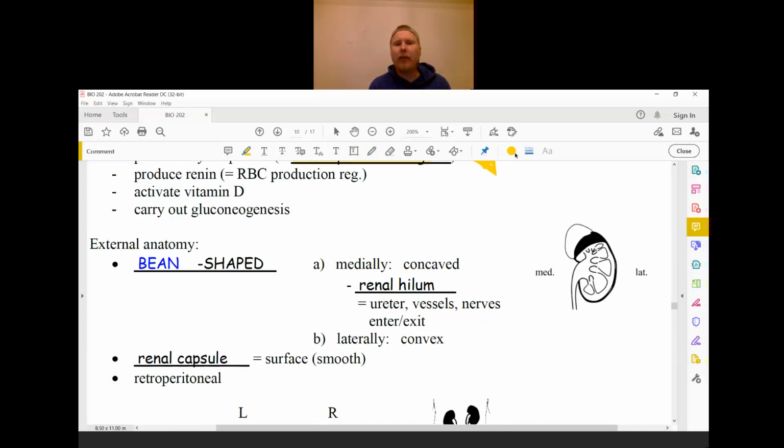Kidneys are often described as reddish-brown, bean-shaped structures that we have. We're going to look at the external anatomy of the kidneys to start with, and there are a couple of characteristics that I really want to highlight.